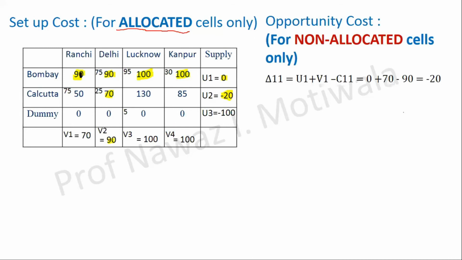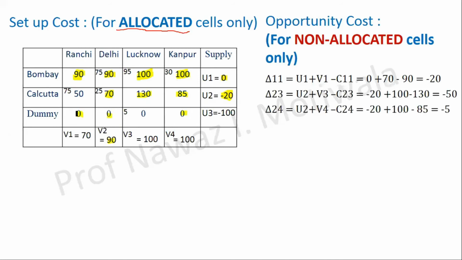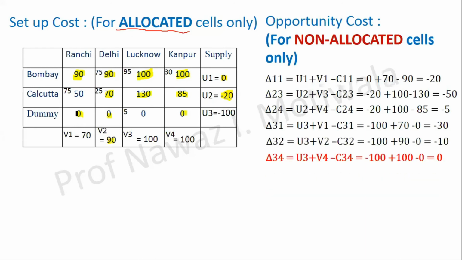Similarly, if I proceed further on finding out the opportunity cost for non-allocated cells like this one, this, and this. So on finding out the opportunity cost for all these cells, I will get answers like this.